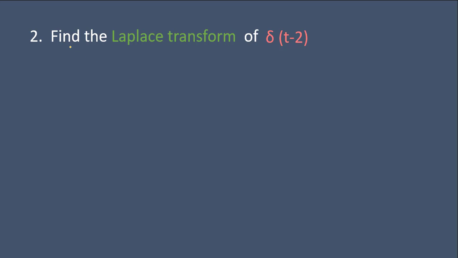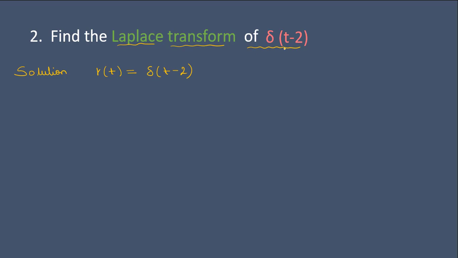We have the question, find the Laplace transform of del of t minus 2. So let us find the solution for this question. It is a very easy question. We can give a name to the signal as r of t. So r of t is nothing but del of t minus 2.